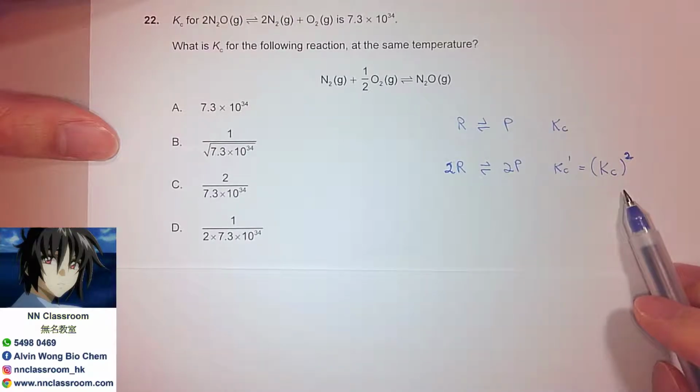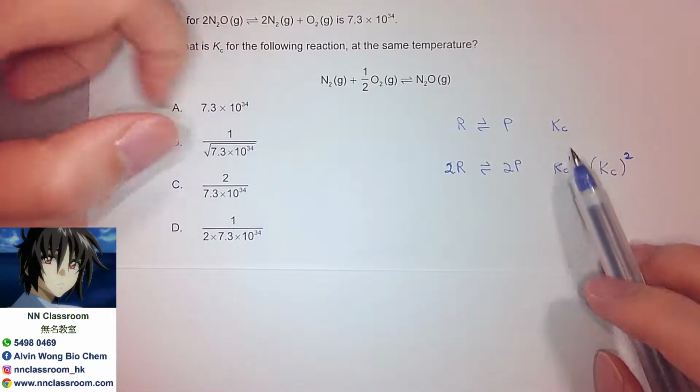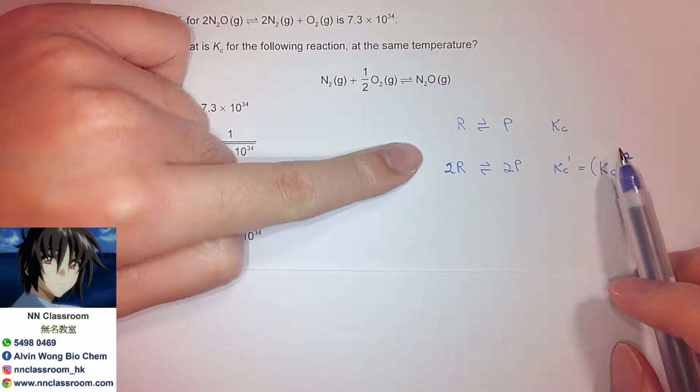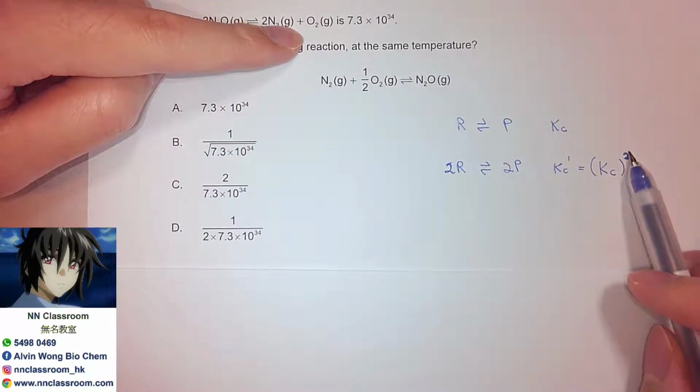So this is the first treatment, right? If we multiply the whole equation, we don't just multiply the Kc, but put that multiple to the index. So this is the first rule. Changing coefficient, put that coefficient back to the power.